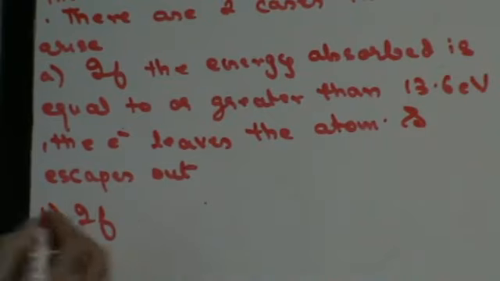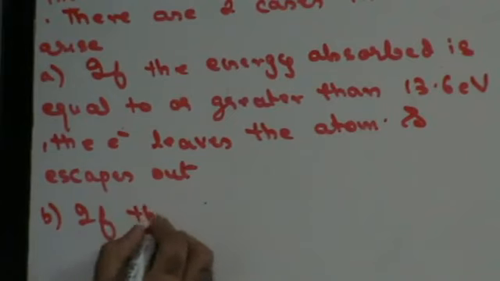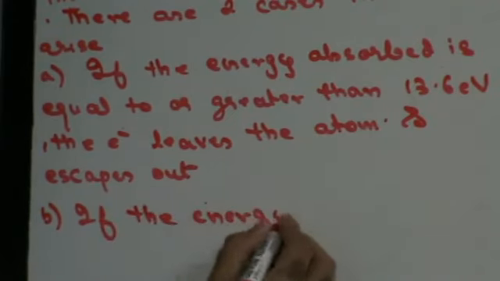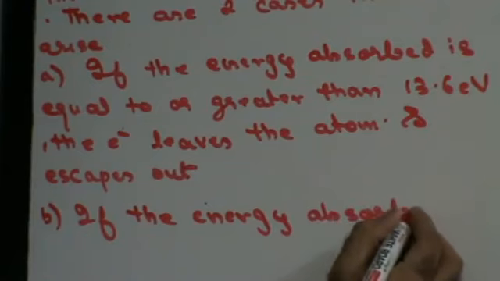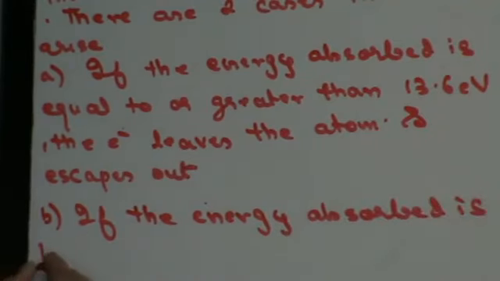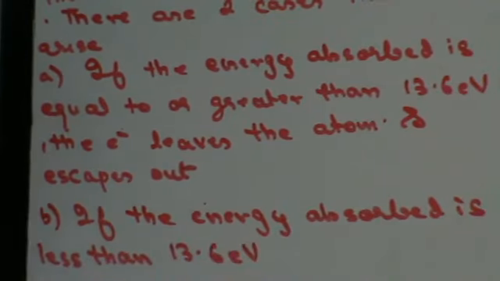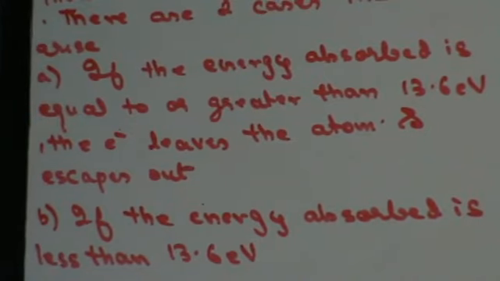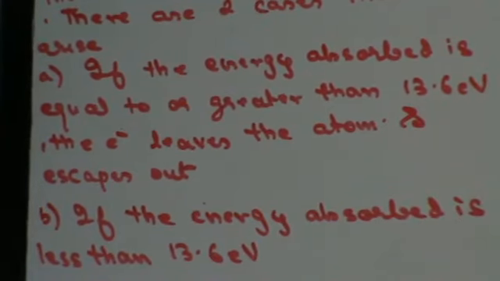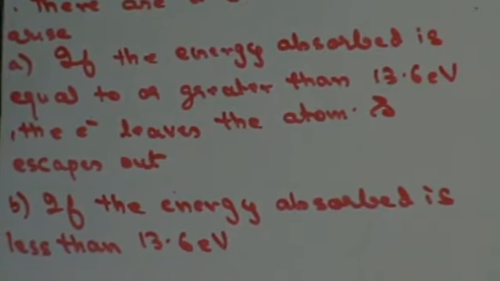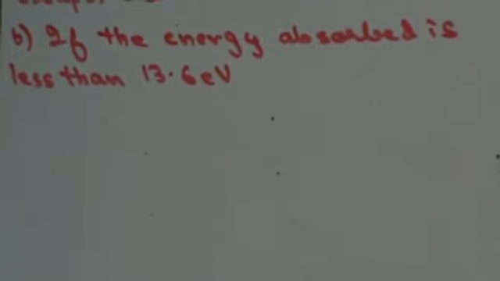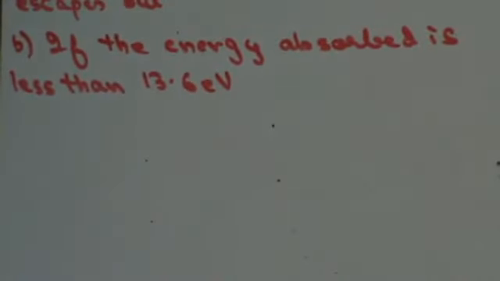If the energy absorbed is less than 13.6 electron volts, right, then the electron will jump from the innermost orbit to the outer orbit of higher energy level, and the electron begins to revolve in that orbit, and in that case the atom is now said to be in excited state.